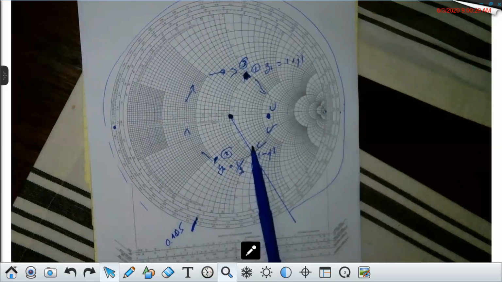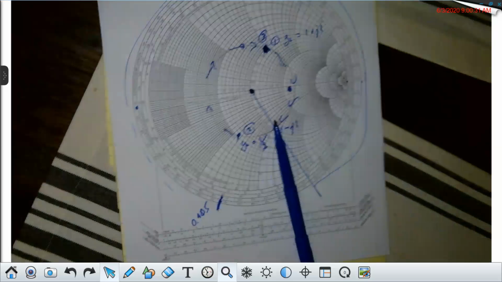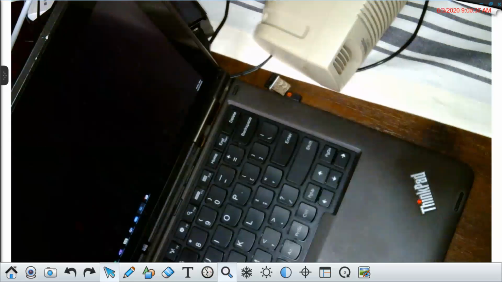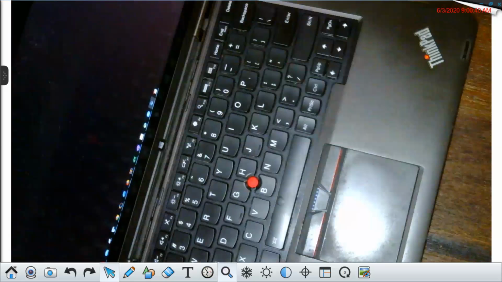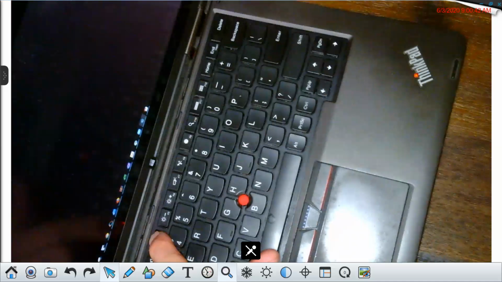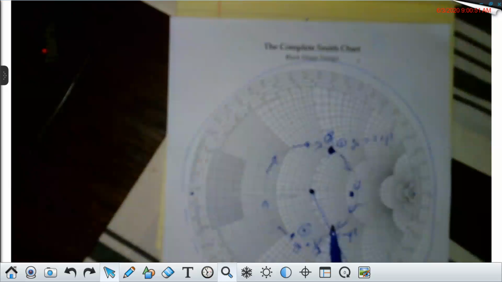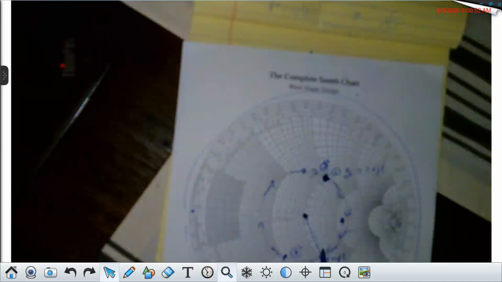If you look on my computer, oh boy. You see where it has mic? You have to enable the microphone. I think I have it. What's that? Is it like 0.405? Okay.